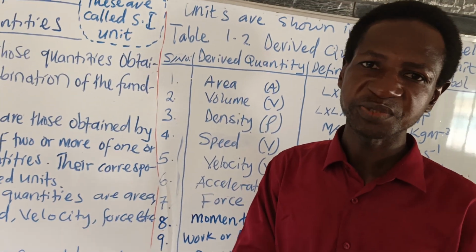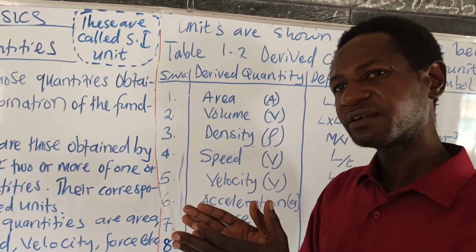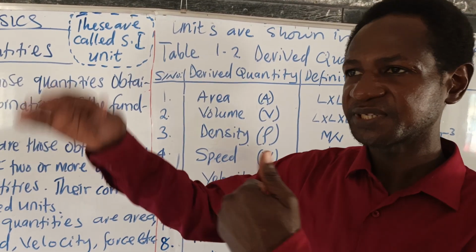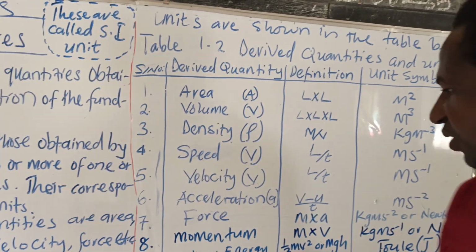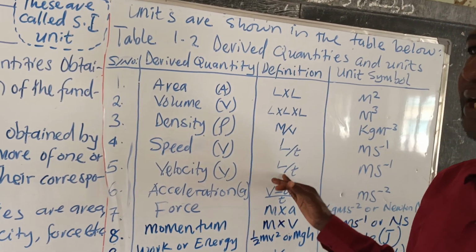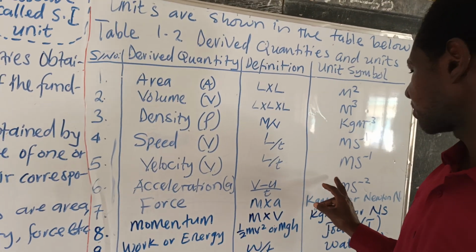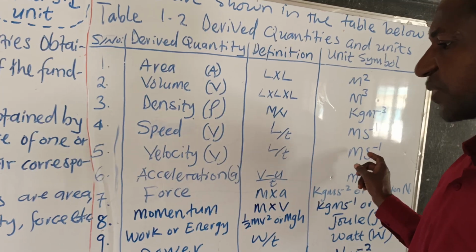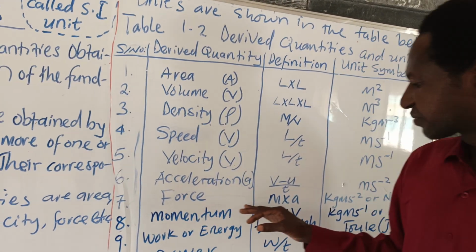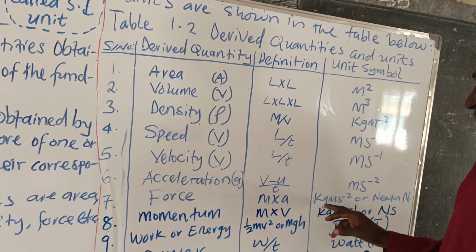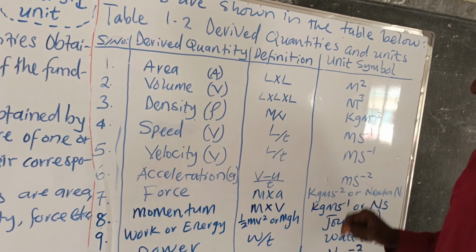The only difference between speed and velocity is that speed has no direction, while velocity is in a specified direction. Acceleration is final velocity minus the initial velocity divided by the time, which is equal to meter per second squared, and force is mass times acceleration, which is equal to kilogram meter per second squared.